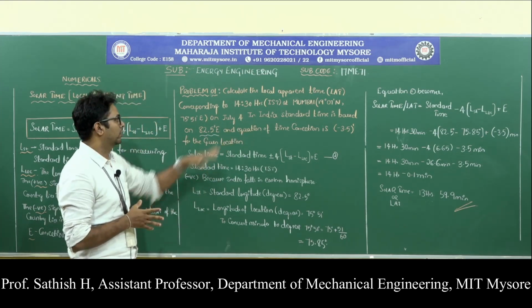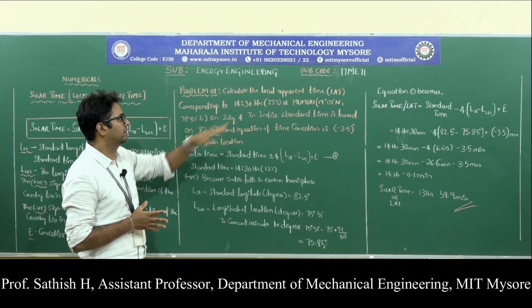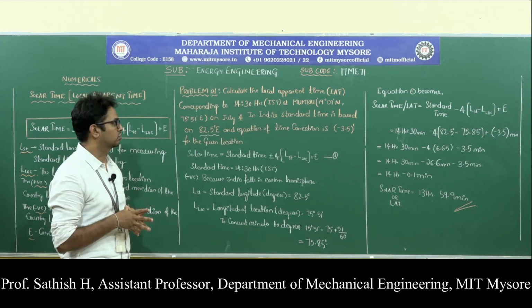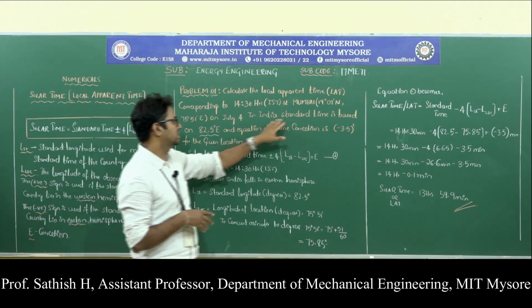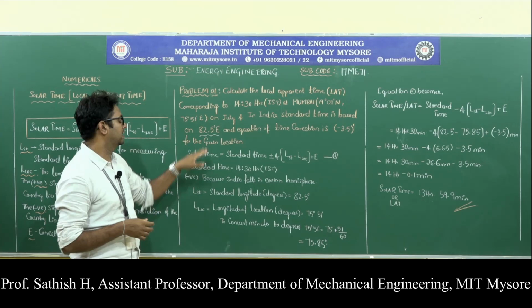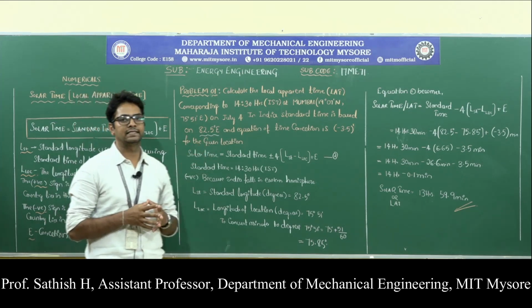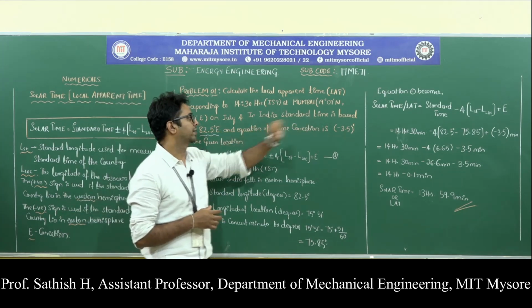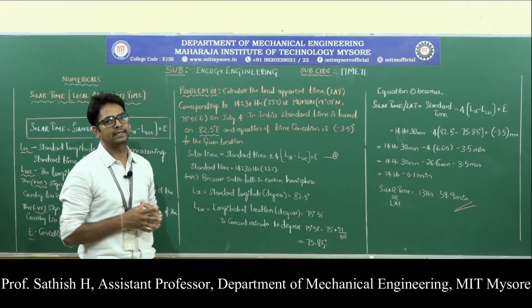So the location, the standard time and the coordinates are given. In India the standard time is based on 82.5 degrees east. This is the Indian standard time, based on 82.5 degrees east.